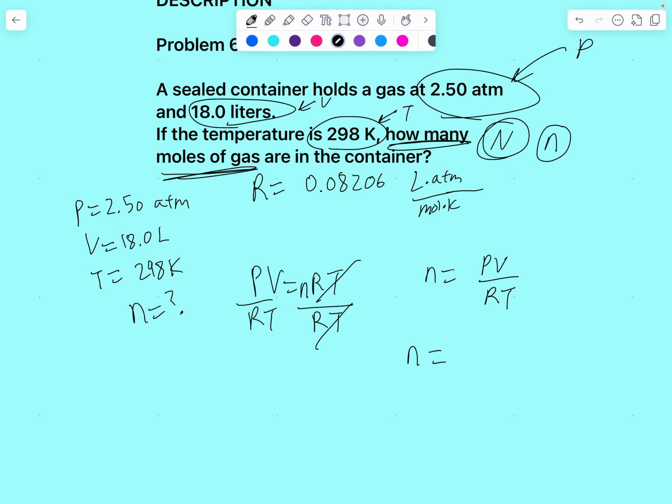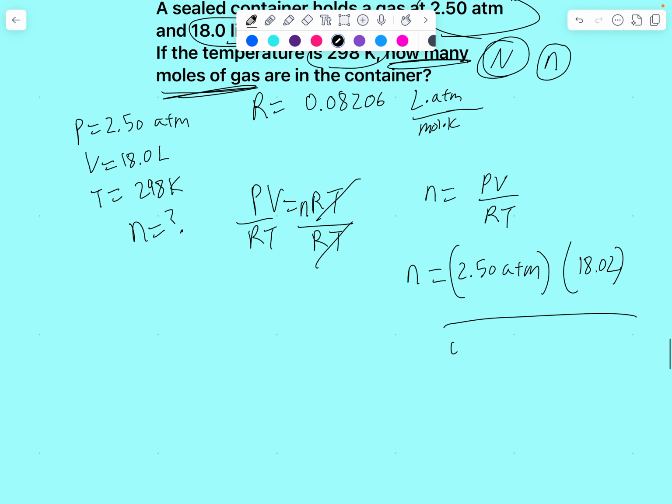So, we have P of 2.50 atm times the volume of 18.0 liters. So far, everything's looking like 3 sig figs, times 0.08206 L times atm, all over mole times K. And then temperature was what? 298 Kelvin.